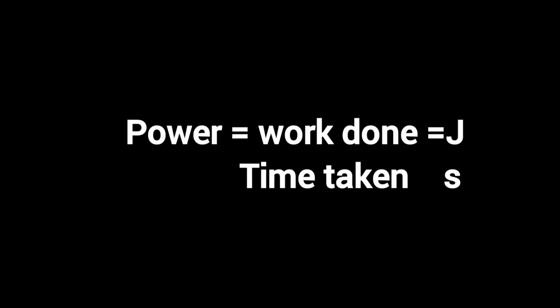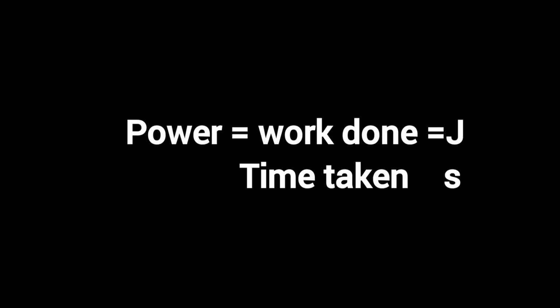Now, one other important thing to know is the SI unit for power is the watt. But just like we did for work done, we can find other SI units from the formula. Now remember, the formula for power is work done over time taken. So the SI unit for work done, remember, is the joule, and the SI unit for time is the second.